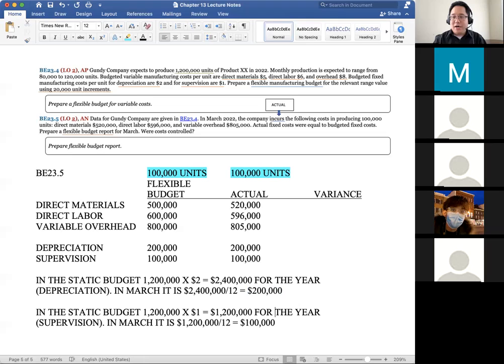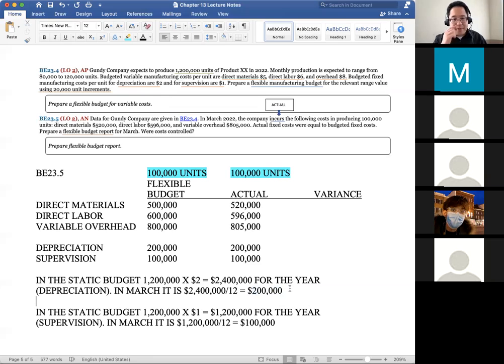Li Cheng, can you tell us where this number came from? 200,000. So we need first to multiply $2 per unit by 1,200 thousand units, and then divide by 12 months.